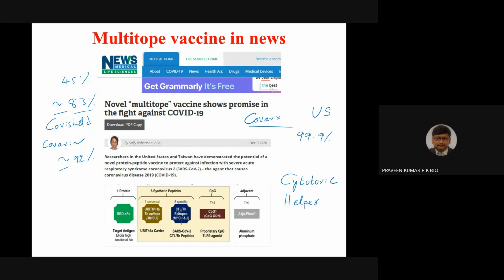And further, here on the right side, you can see the adjuvant is linked. The adjuvant they have used is aluminum phosphate, which is inorganic in nature. Together, these six peptides, along with the CpG and adjuvant, are attached to the most important fragment, that is the receptor binding domain of spike glycoprotein.